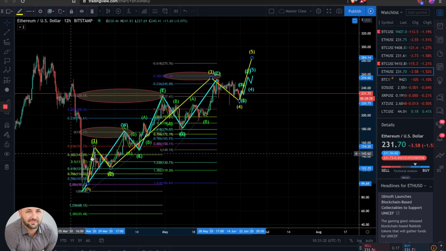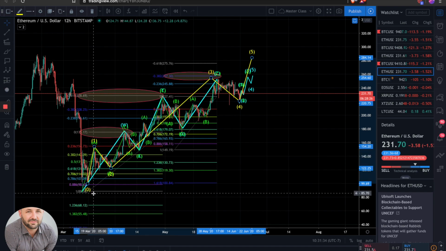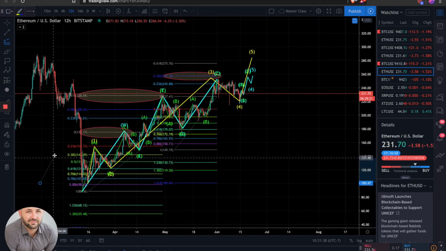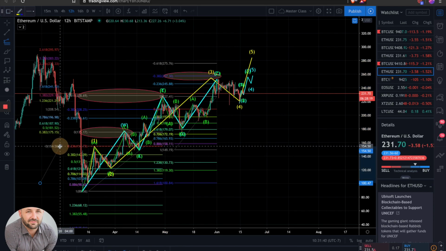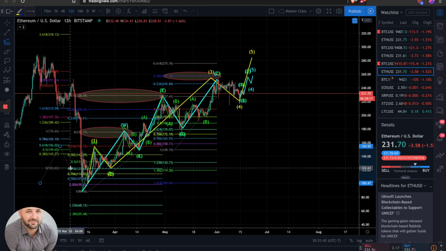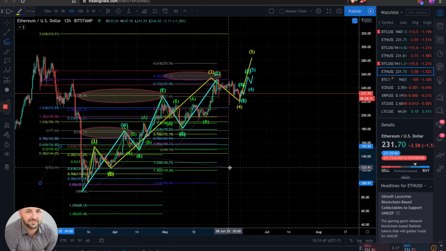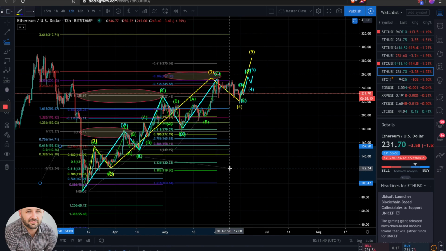If that's the case, then we are already overextended, which ETH being ETH, I guess. If you follow ETH, trade ETH at all, you know that it does get pretty overextended fairly easy. So we're already at the 2.382 for that move.